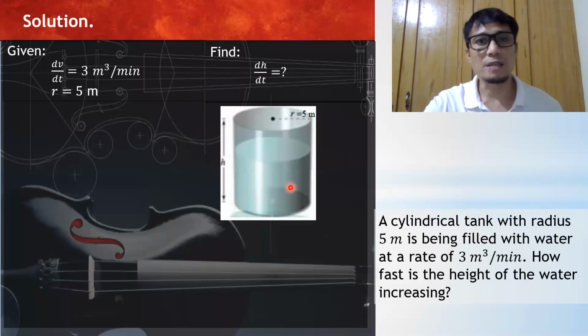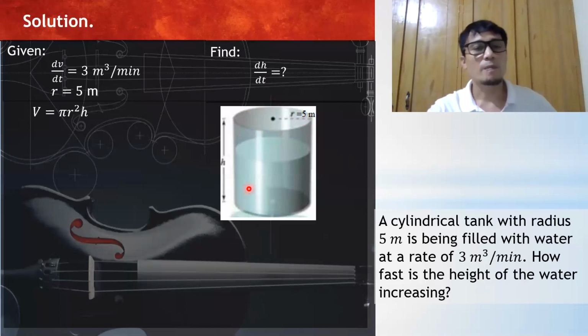It's actually pi r squared times height, right? Okay, pi r squared times height. Pi r squared is the area of this one here times the height. So that's the volume. Okay.